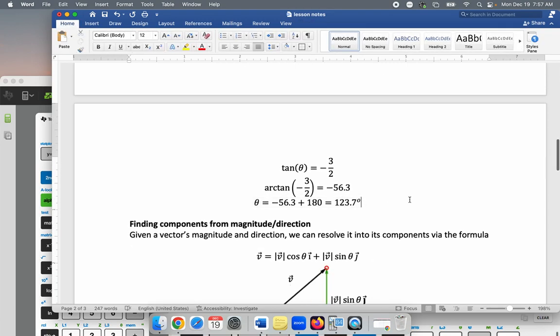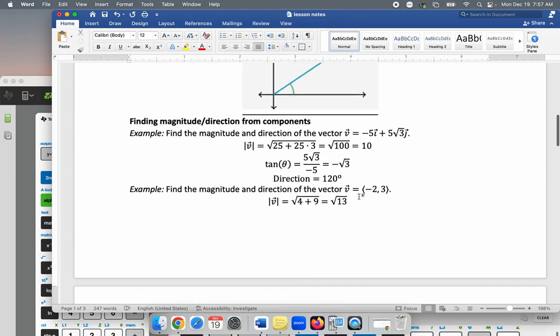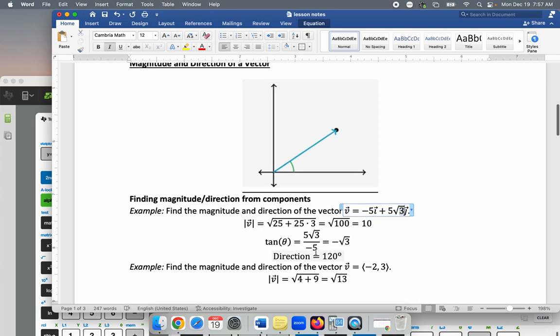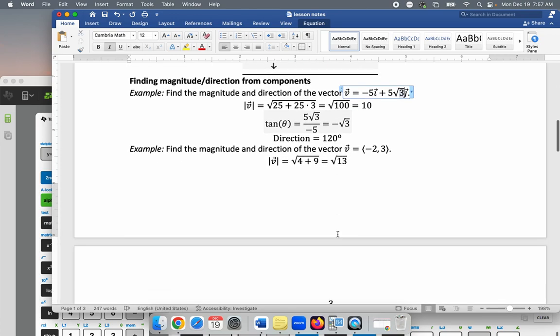Okay, so in those two examples, what we did was we went from a vector given in terms of its horizontal and vertical components, and we went from that form to its magnitude and its direction. Now let's try to go the other way.